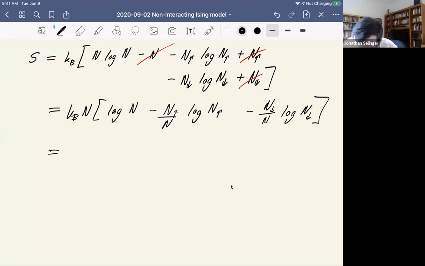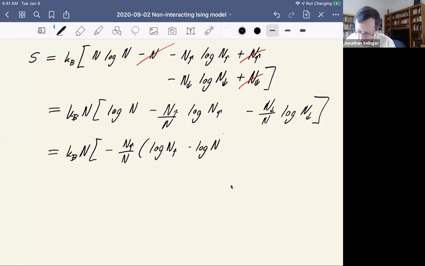And let's see, I can now simplify a little bit more using properties of the logarithm. I could write this as k n, there's this minus n up over n, there's a log n up minus log n. So I'll put part of the log n from there into there, and the rest of it I'll put over here. I'll say log n down minus log n.